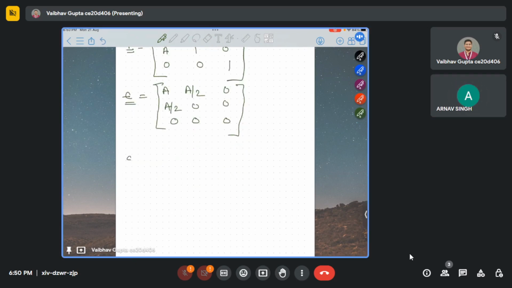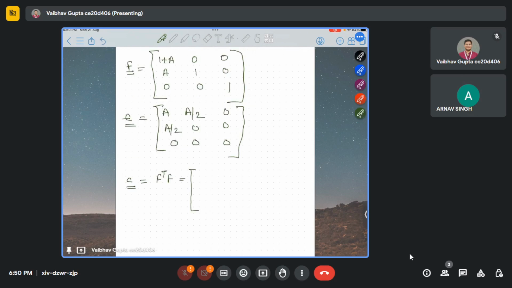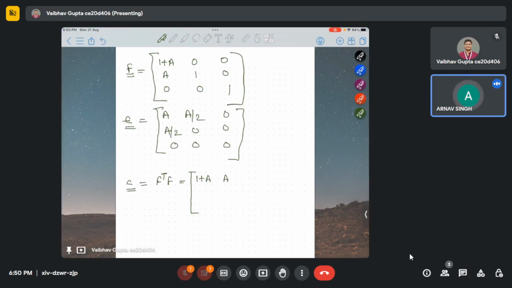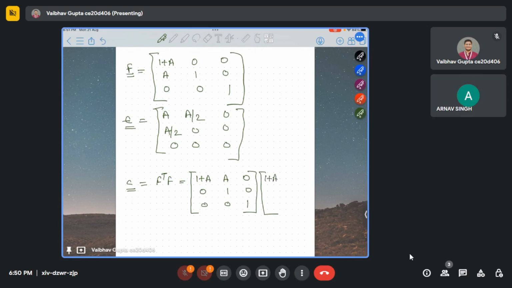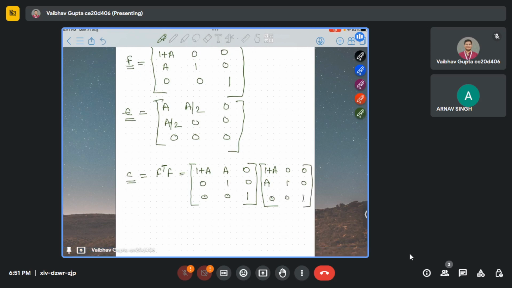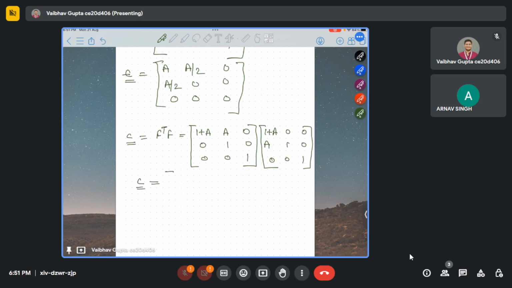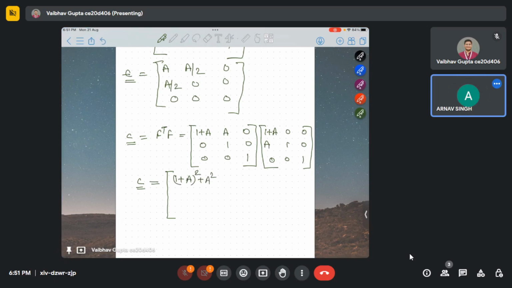Now first I will calculate C with F transpose F. So what is F transpose? F transpose, sir, A plus... This multiply by F. If you multiply these two things, what will you get? (1 plus A) whole square, A square plus A, 0.